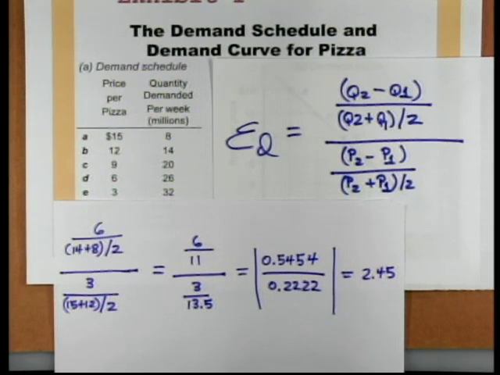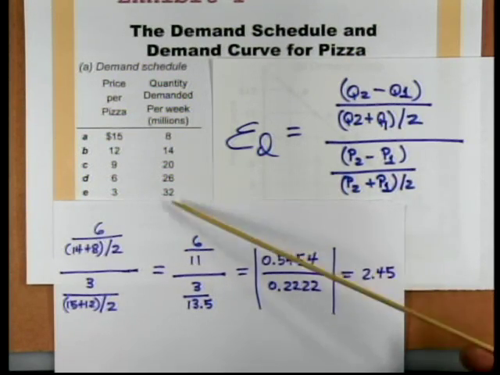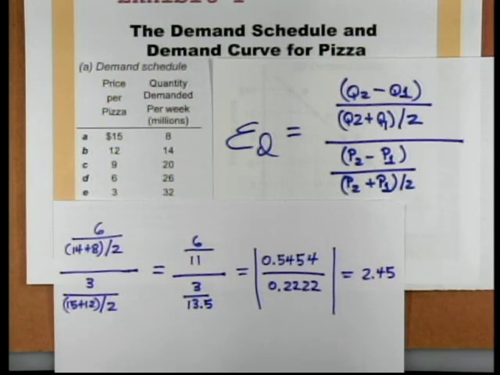And that goes with what we said last time, and that is that the reaction of consumers at these upper price levels is much stronger than it is at these lower price levels. Though there's only a $3 difference, a difference of $3 on a pizza at $15 matters more to you than a difference of $3 when the pizza is already $6.